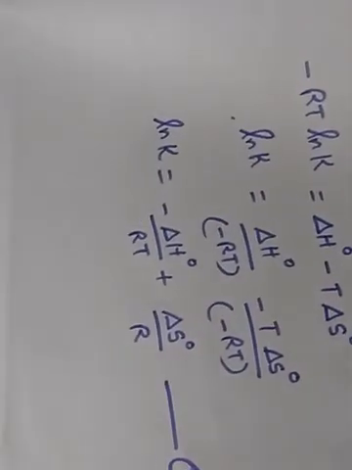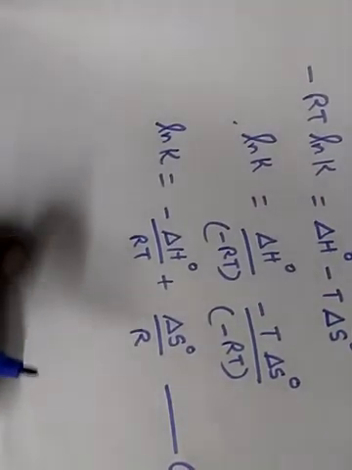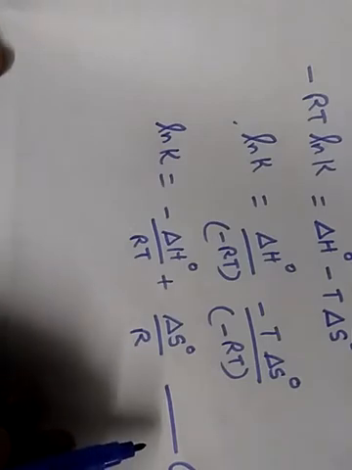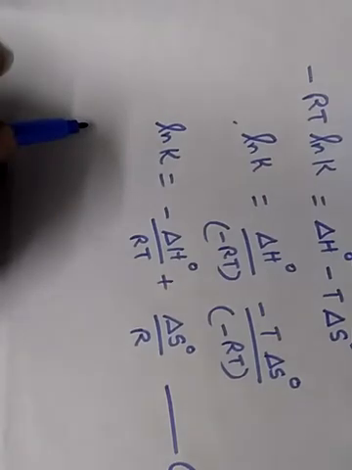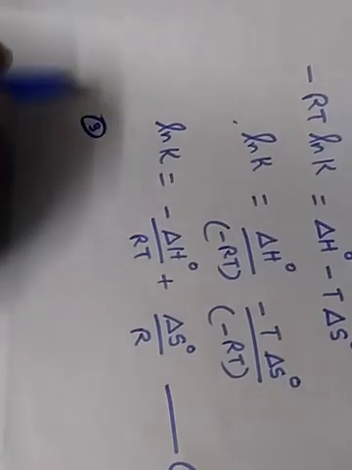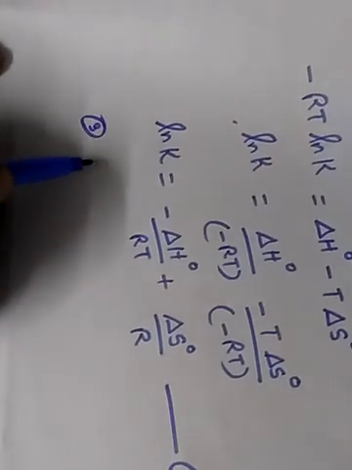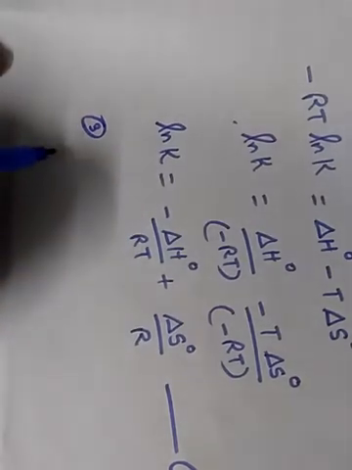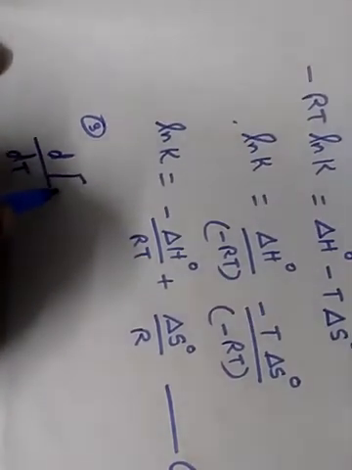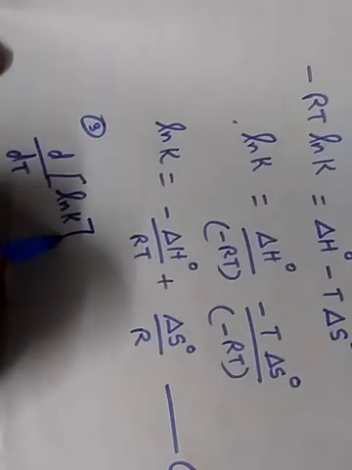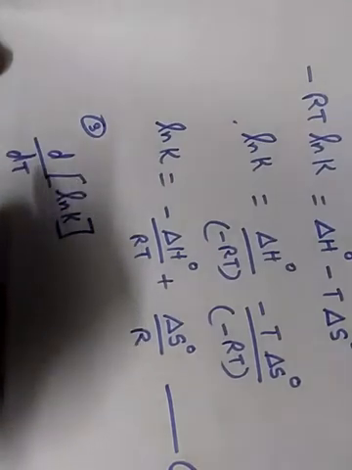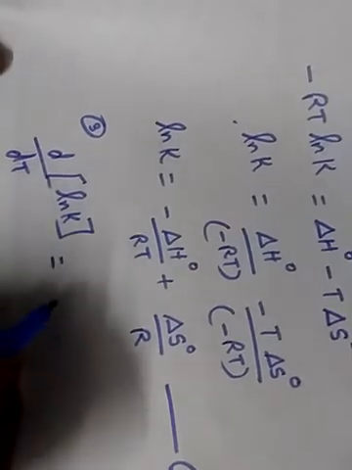Right. Next step. Now differentiating equation 3 with respect to temperature. That is, d by dT of ln K. If you differentiate the left hand side, the right hand side also should be differentiated.